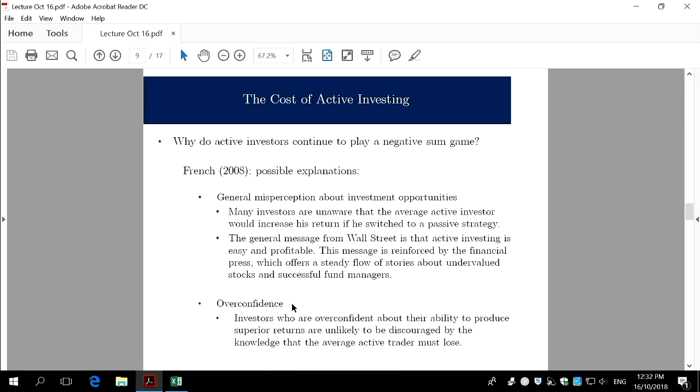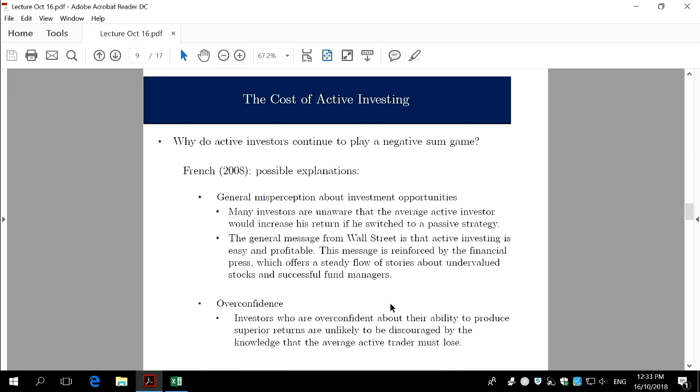Another reason is investors know, but they are overconfident. They know this thing, and they don't believe this story, but still, they are overconfident about their ability to produce superior returns.